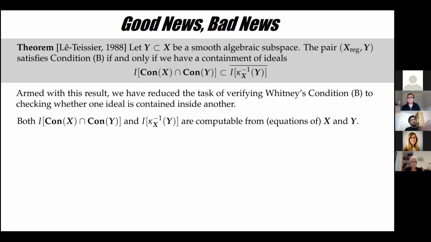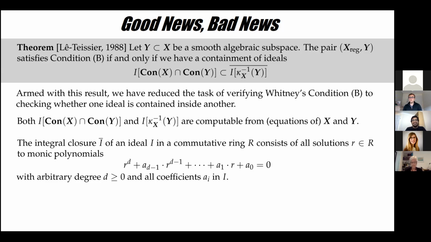Unfortunately, the good news is, yes, I can give you ideal equations for Con X intersect Con Y and for kappa X inverse Y, just using the equations of X and Y. But there's a problem. The right side is not that ideal that I know equations for; it's its integral closure. If you pick up a book on commutative algebra or algebraic geometry, you will see that the integral closure consists of all solutions to monic polynomials of arbitrary degree whose coefficients live in the ideal.